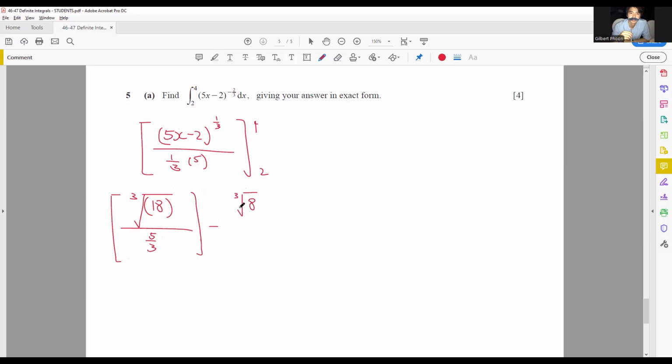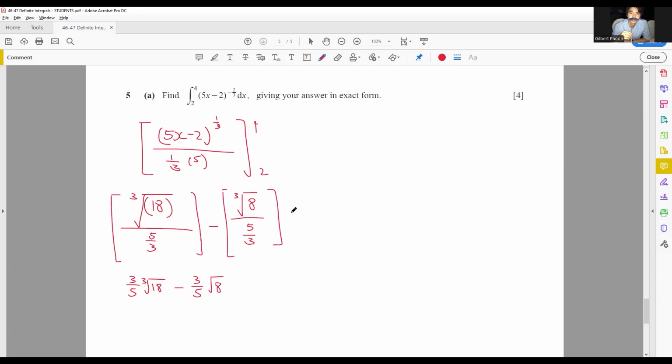Cube root of 8 over 5 over 3. Of course, you cannot leave your answers as a fraction over a fraction. So this will therefore change into 18 divided by 5 over 3, which gives you 3 over 5 cube root 18 minus 3 over 5 cube root 8.